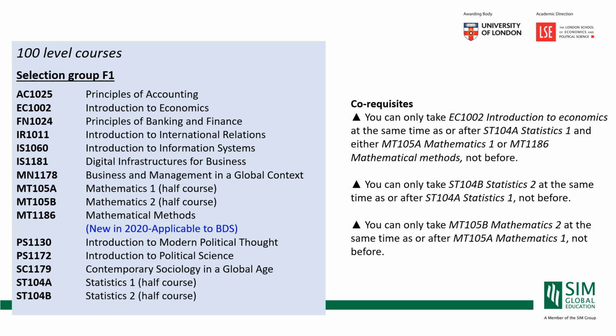Lastly, you can only take MT105B Mathematics 2 at the same time as or after MT105A Mathematics 1, not before. This is similar to Statistics 1 and Statistics 2.